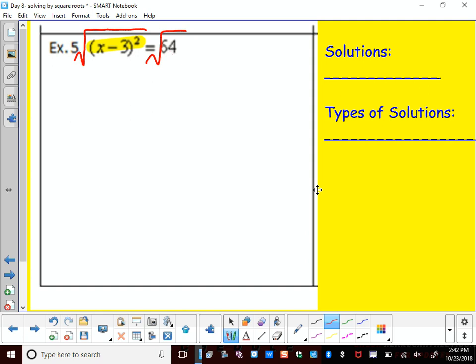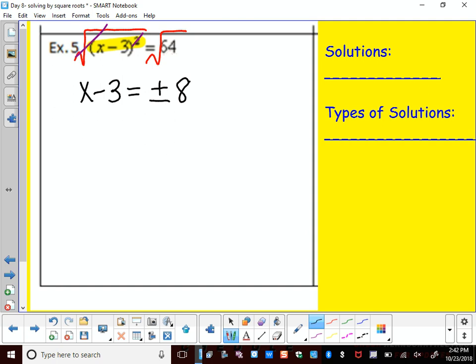When that happens, my square and my square root cancel out just as before, and I'm left with x minus 3 is equal to plus or minus, what's the square root of 64? 8. You guys follow that? It's a little different format, but you're still looking for whatever's attached to your square.